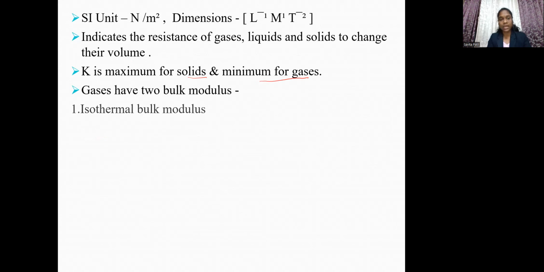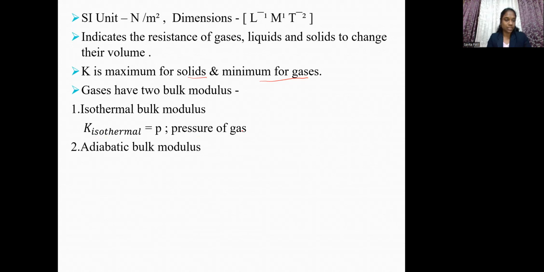First one is the isothermal bulk modulus. K isothermal, meaning isothermal bulk modulus, is equal to P, where P is the pressure of the gas. And the second bulk modulus for gas is adiabatic bulk modulus.